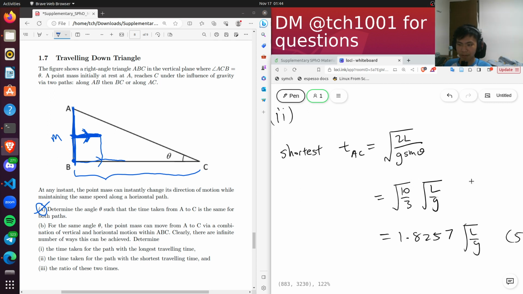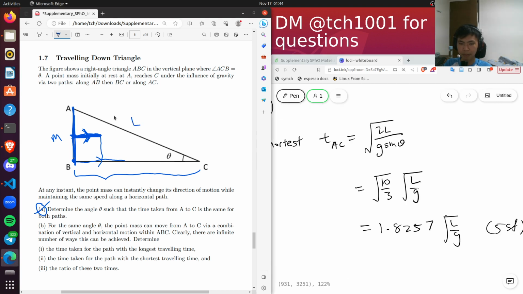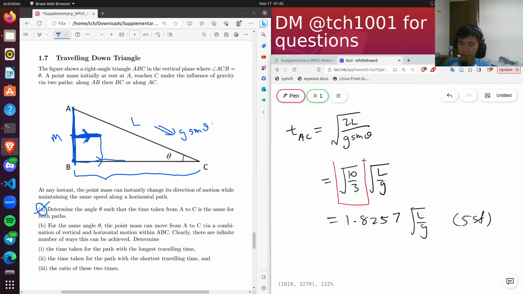So the time taken is just as if it's sliding down slope AC, which is square root of 2L over g sine theta, remembering L is the length of the hypotenuse, where g sine theta is the acceleration down the slope. Okay, so if you plug it in, you get essentially the factor of square root 10 over 3.